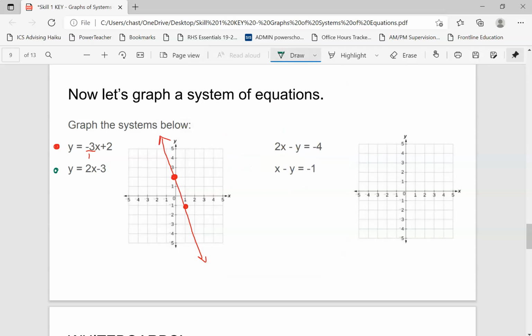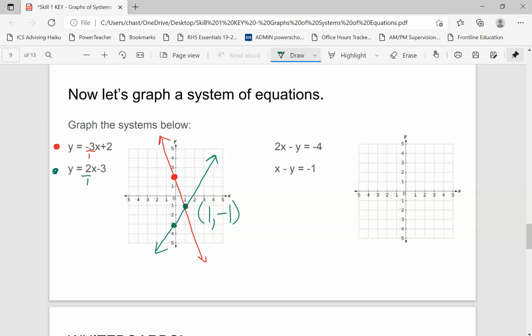I'll do the next one in a different color. y equals 2x minus 3. I plot the -3. I need a rise and a run, so I go up 2 over 1. And you can see we have an intersection point here at 1, -1. Beautiful.